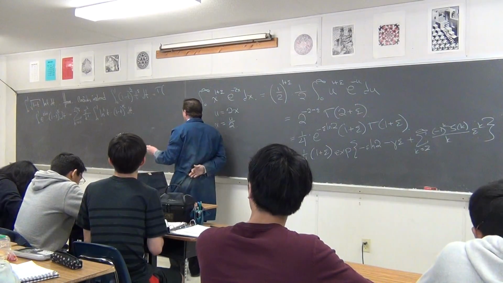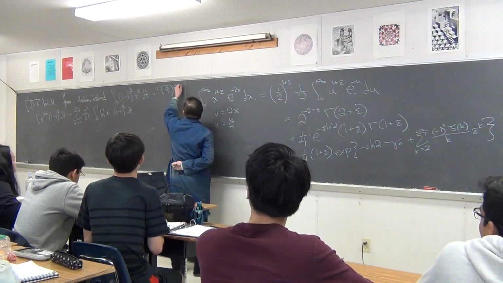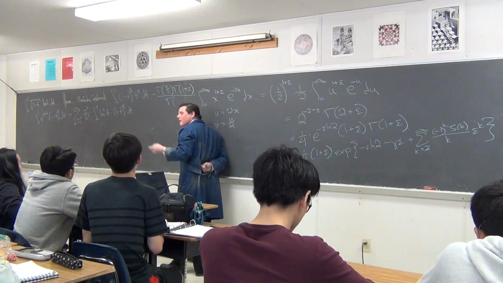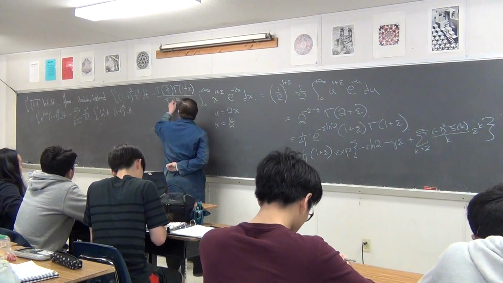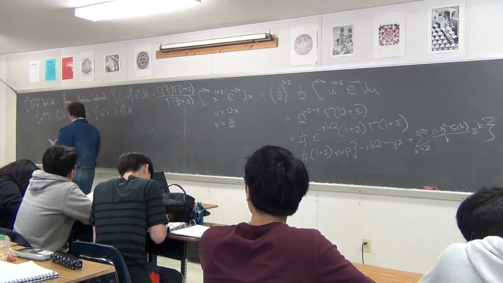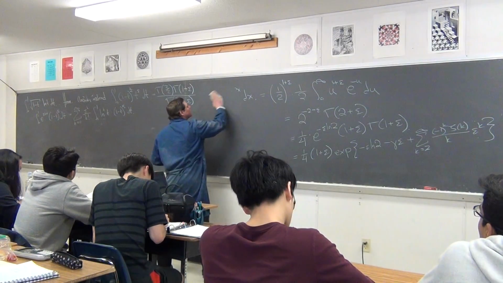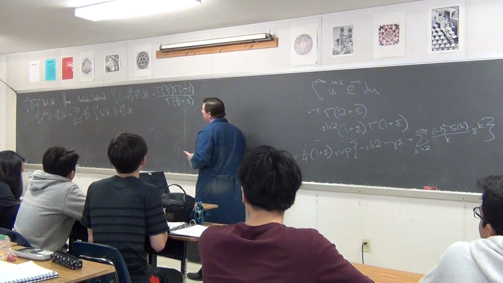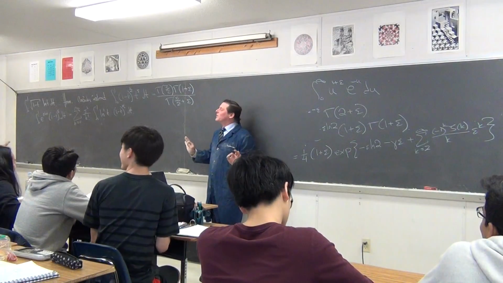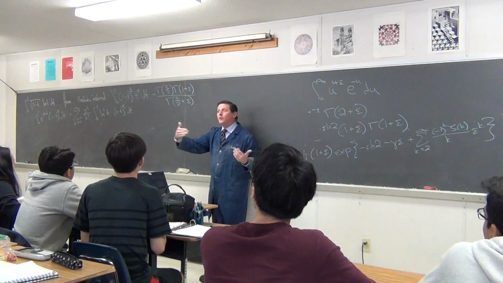You add 1, so it's gamma 3/2, gamma 1 plus epsilon, over gamma 5/2 plus epsilon, because you always add in the denominator. So now what would we do if we're interested in an expansion? What do we do first? Use the recursion relation. That's right, the recursion relation to bump it on down.